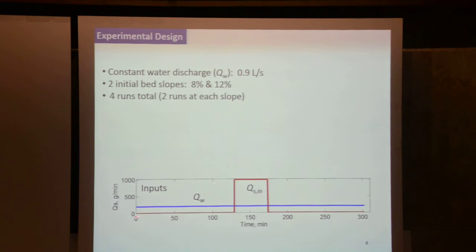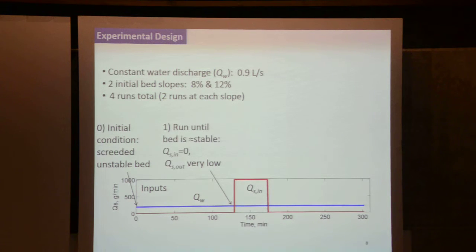So here I'm showing time versus the flux of sediment, but also water. So again, keeping water discharge constant throughout. Now, the initial condition of these experiments was a bed of this range of grain sizes that we just put in the flume and screeded to be flat. It wasn't water worked at the beginning, so we're starting from what effectively is an unstable, rather perturbed bed state.